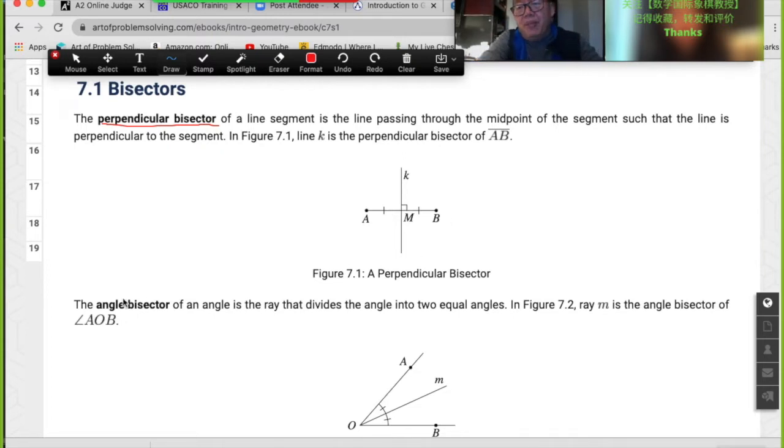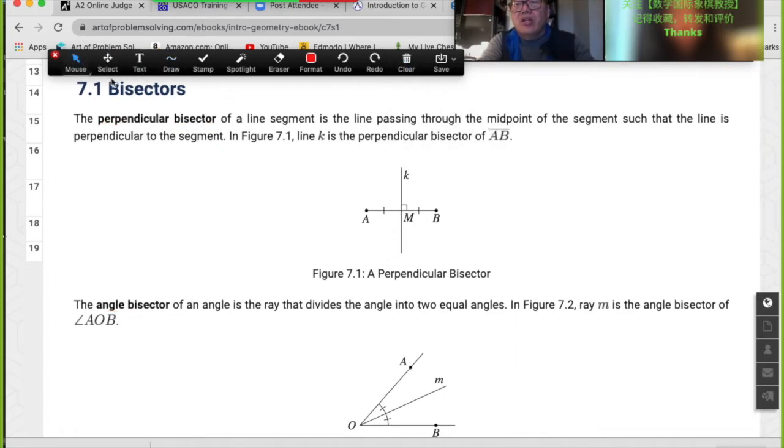Another kind of bisector is called the angle bisector. That means you have a line that separates this angle into two equal angles. This angle AOB is separated by this line M into two equal parts.